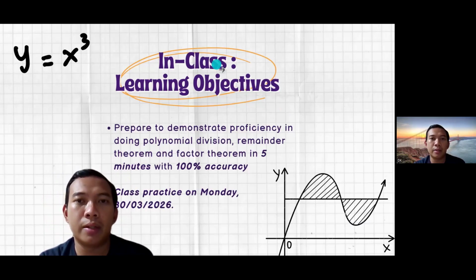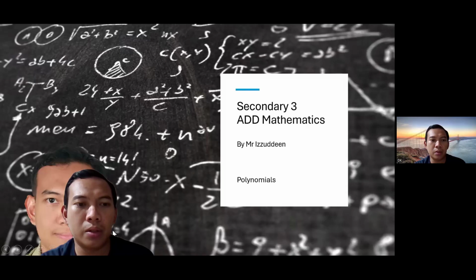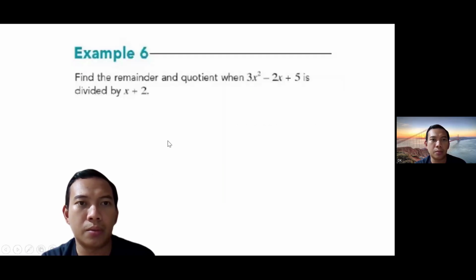Right. So going back to the PowerPoint slides earlier, this one is the first video. We are looking at how to do long division. It's an example: find the remainder and quotient.